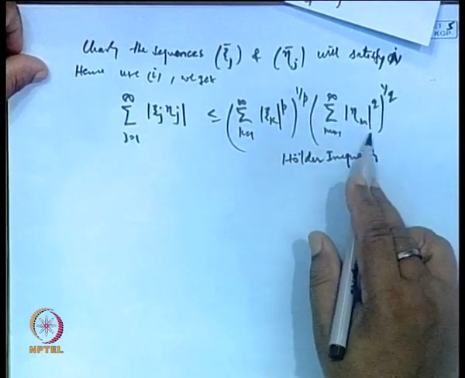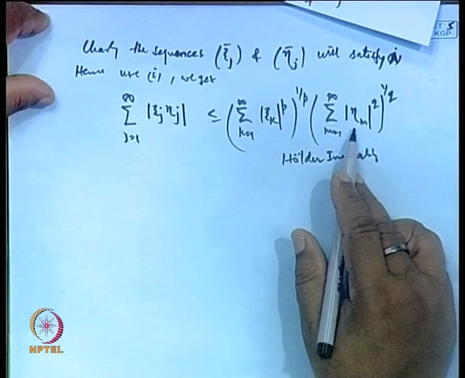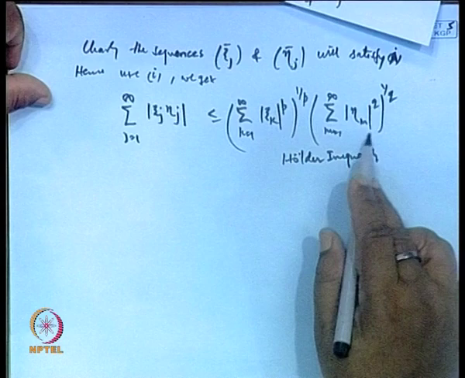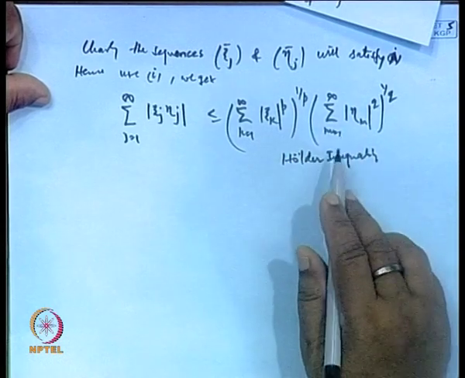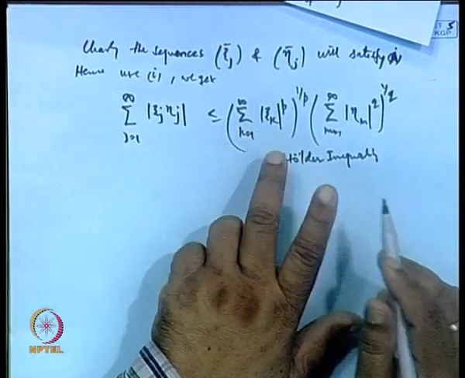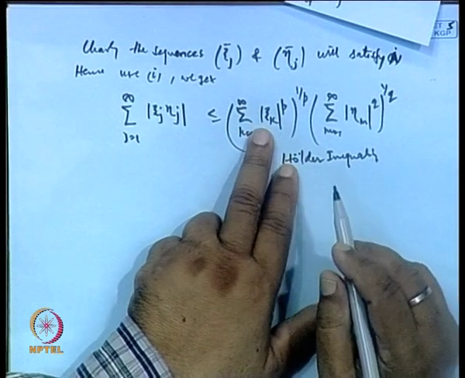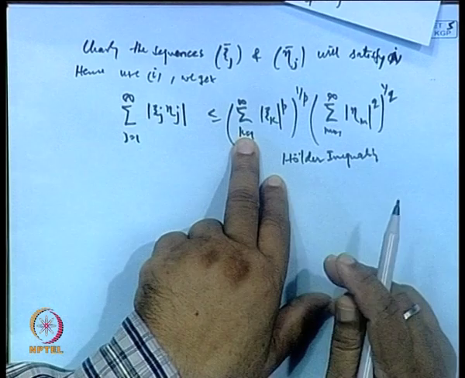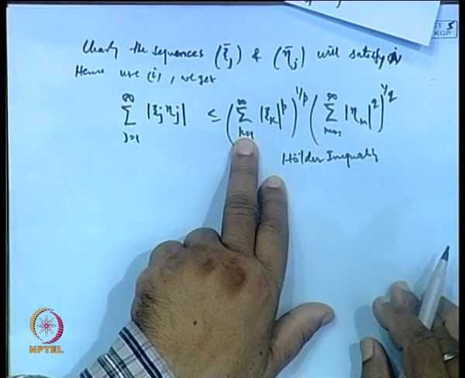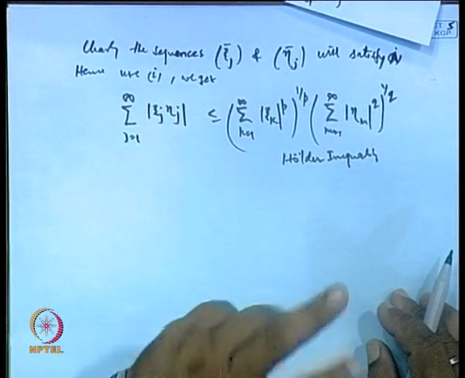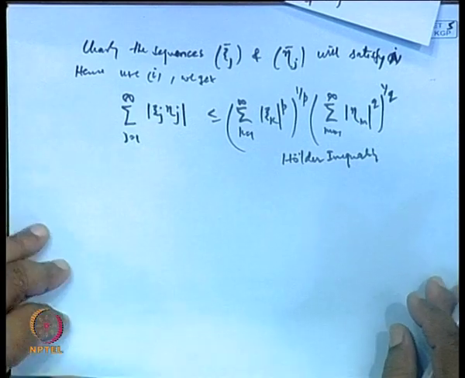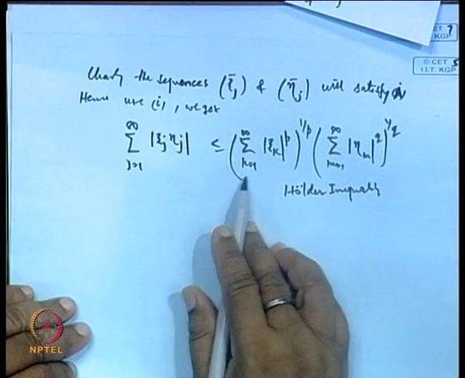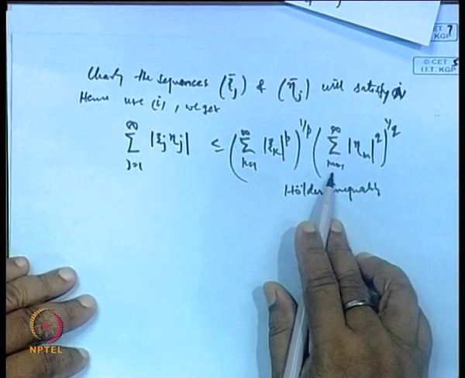Similarly, the sequence eta m or eta j is in LQ. So, this will be finite. Therefore, when we interchange the terms, it will not affect the summation, because in case of an absolutely convergent series, the summation remains the same whether we interchange the positions of the terms. So, it hardly matters whether we take j equal to 1 to infinity, or k or m equal to 1 to infinity.